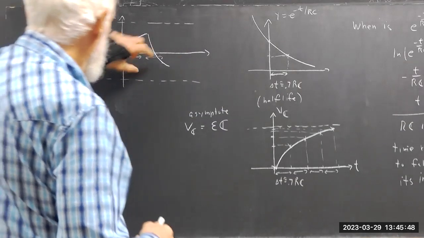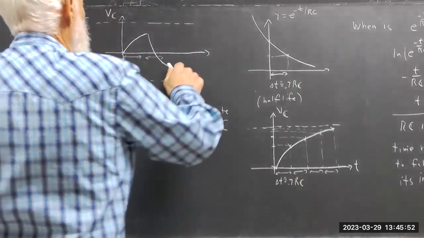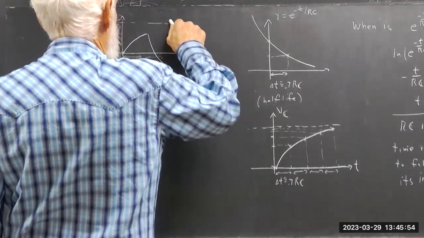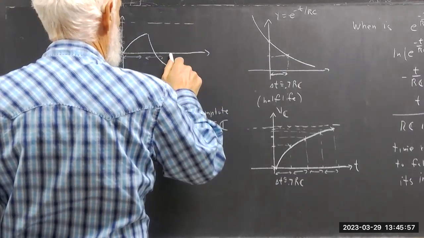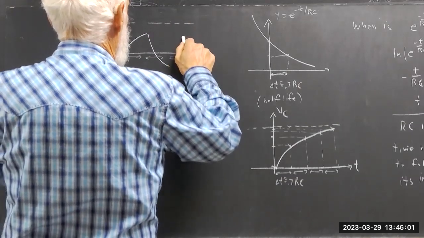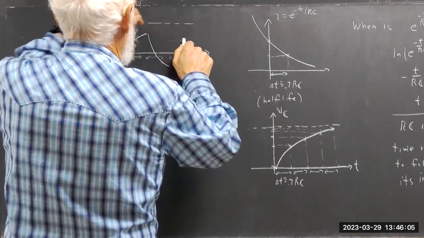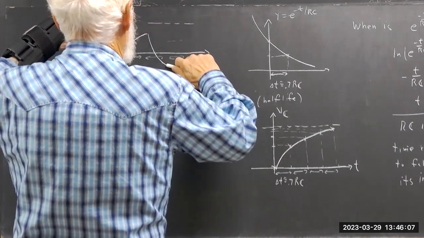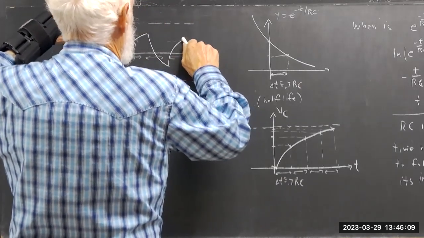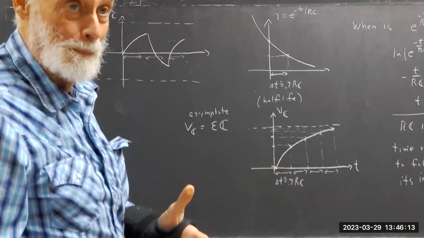Then we switch it back, so now it's going to approach this one again. The time constant will be about here. It's going to get halfway, about here, come back up to here, and then it's going to continue sawing back and forth.